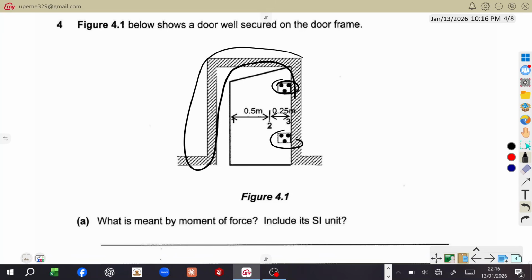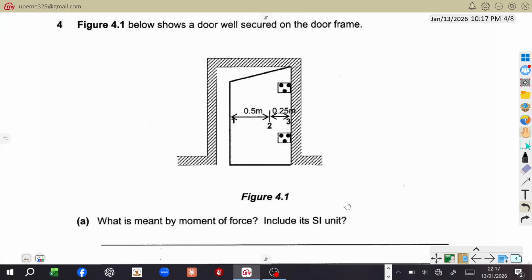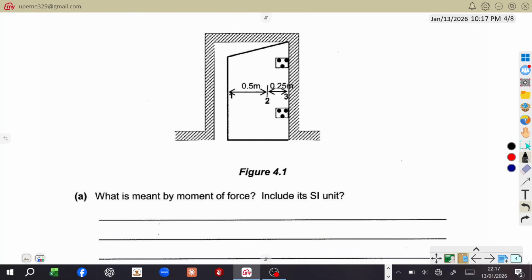Then they're asking, A, what is meant by moment of the force? If you want, you can say it is the turning effect of the force.